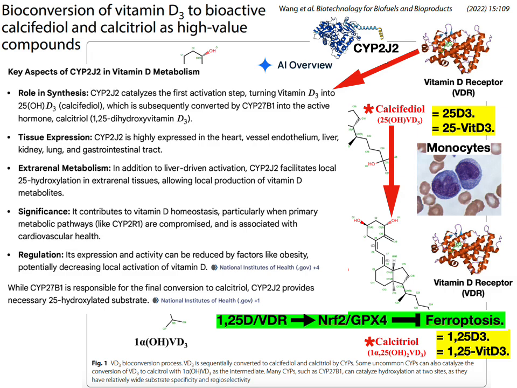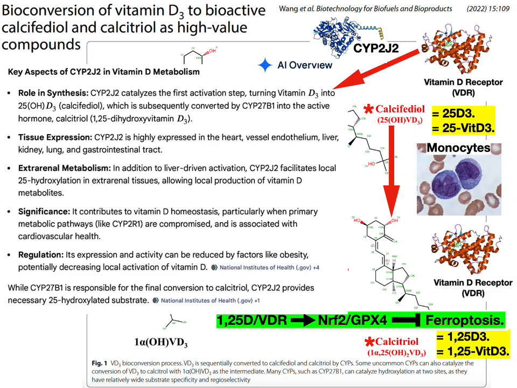This statement about the regulation of CYP2J2 being reduced by obesity, this needs to be examined to see whether the local production of calcifediol and calcitriol is linked to a suppression of CYP2J2 in specific cells and tissues, for instance, circulating monocytes.